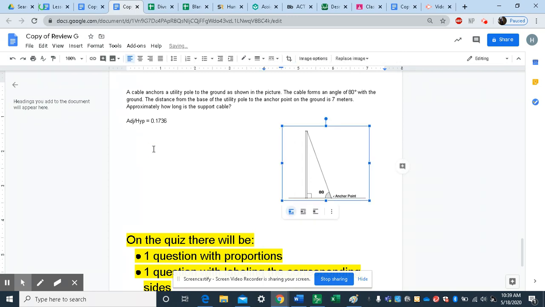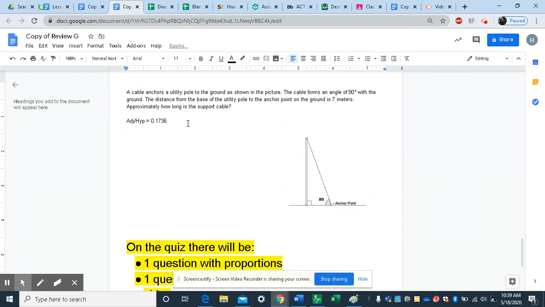So now we're going to set up our proportion. So we know that the adjacent side equals 7. So 7 divided by the hypotenuse equals 0.1736. Right? Because we're trying to find the hypotenuse.